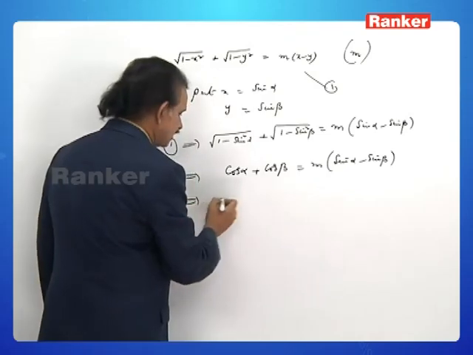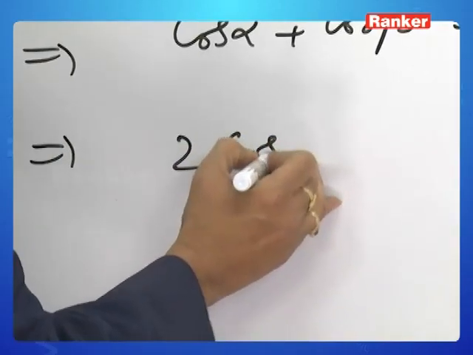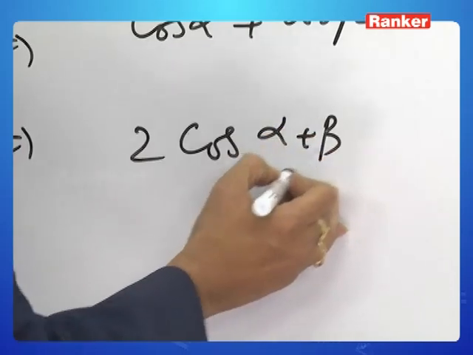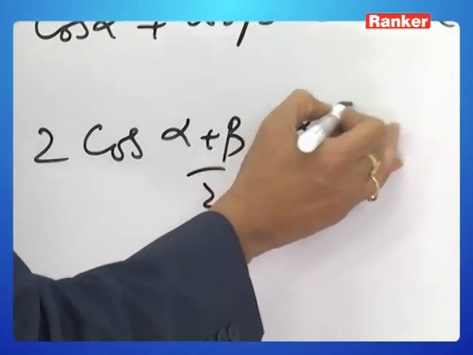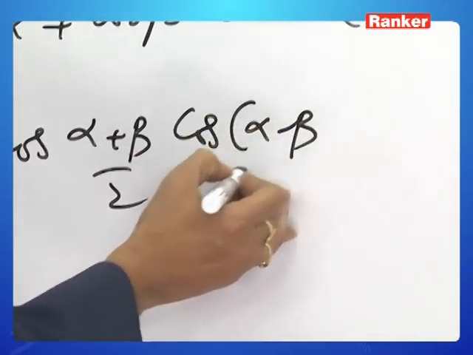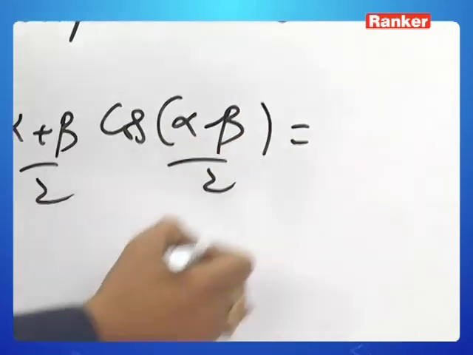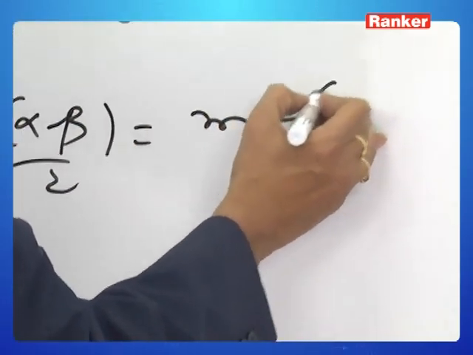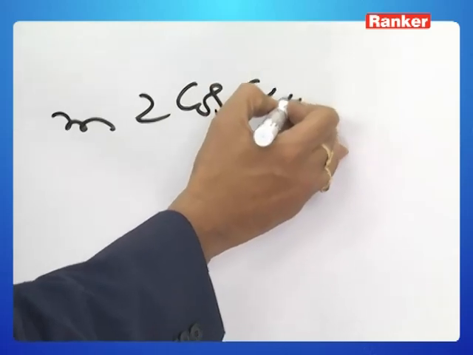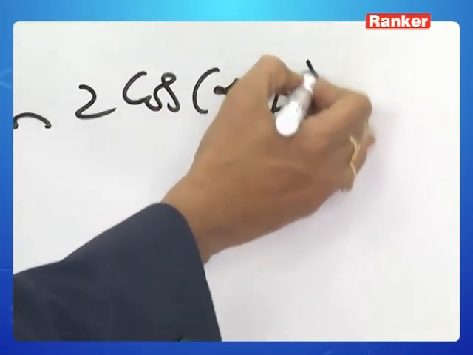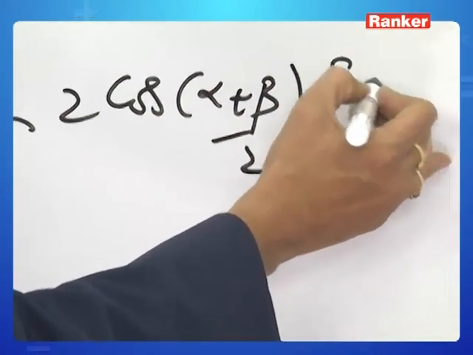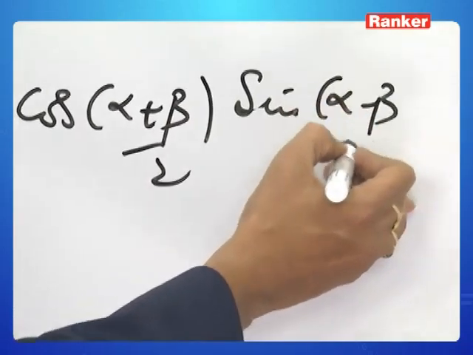What is cos C plus cos D? 2 cos (C plus D) by 2 cos (C minus D) by 2. So, 2 cos (alpha plus beta) by 2 cos (alpha minus beta) by 2 is equal to m into 2 cos (alpha plus beta) by 2 sine (alpha minus beta) by 2.